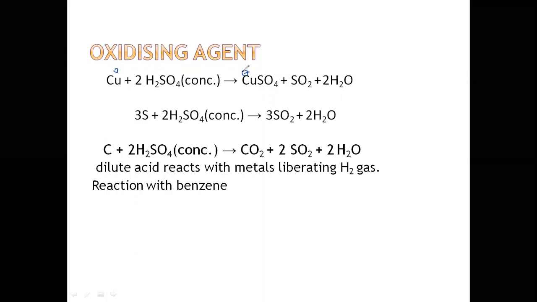So in the oxidizing property, H2SO4 gives SO2 plus H2O plus nascent oxygen. This nascent oxygen is used for oxidation. Therefore, it shows the oxidizing nature: sulfur to sulfur dioxide and carbon to carbon dioxide.